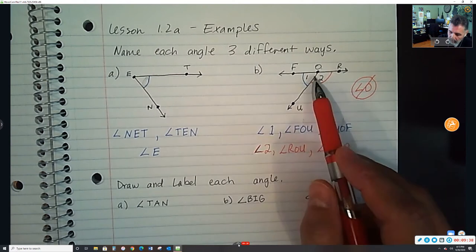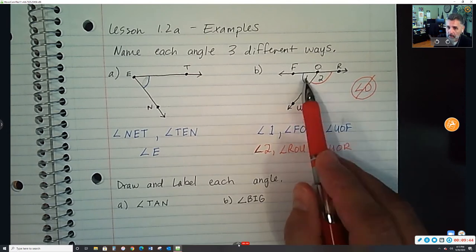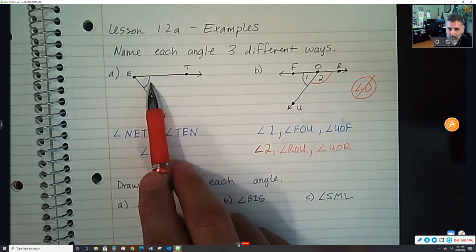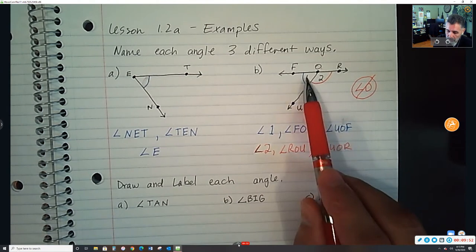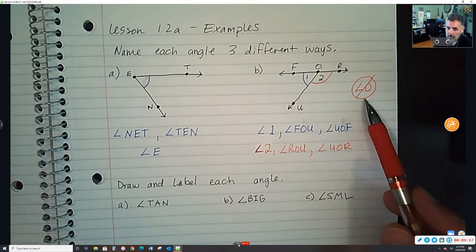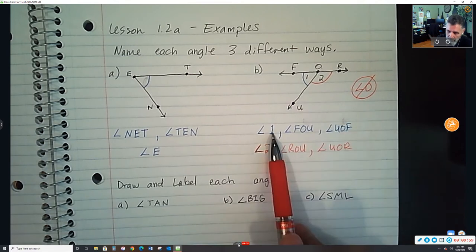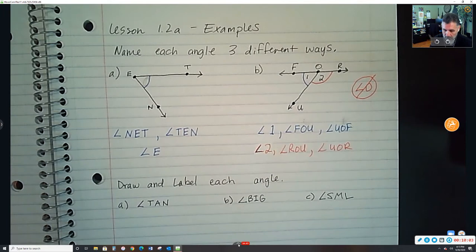It's hard to determine which one you're talking about if you just use one letter, and that's why we don't use one letter when there's two angles like this. This is one single angle. I can go ahead and use just the vertex to name it. But when two angles share the vertex, you cannot do this. Okay. But I could use anything on the inside, right?